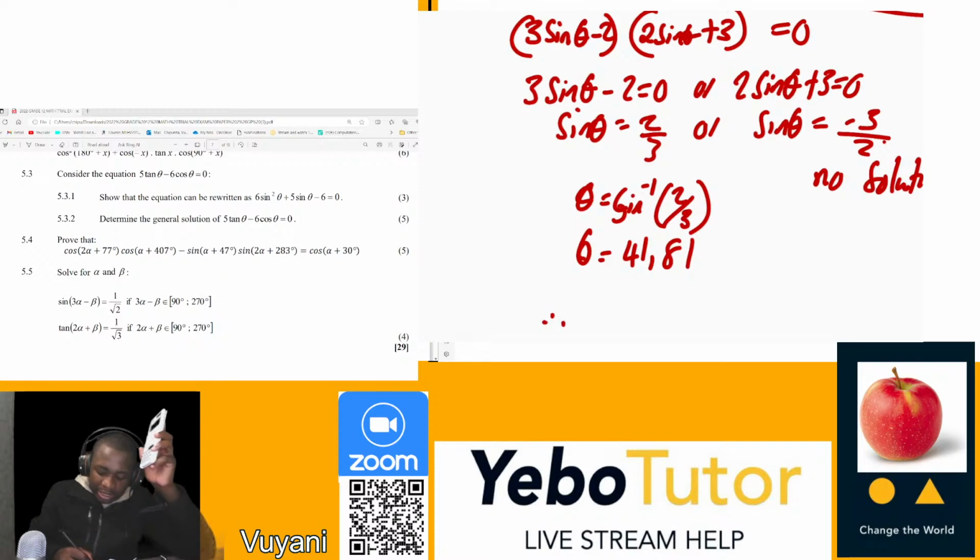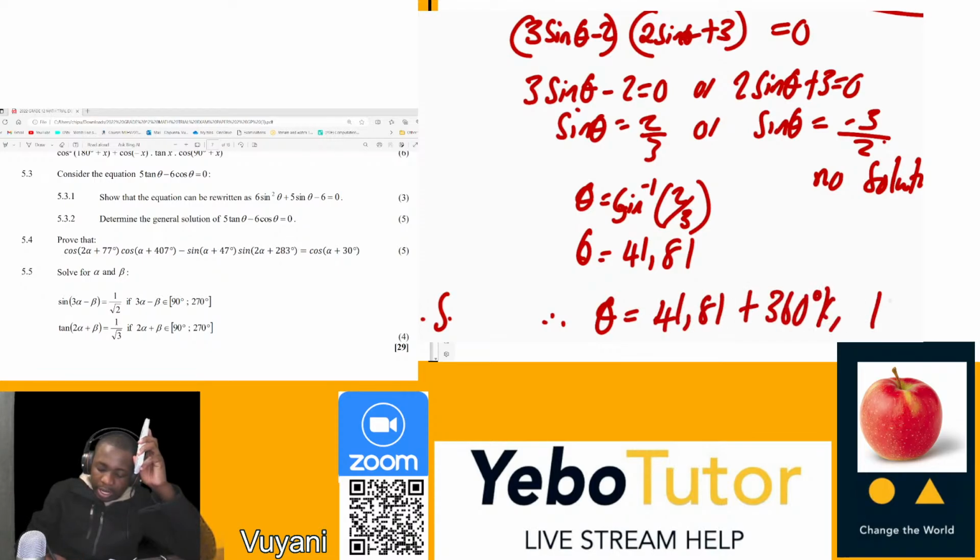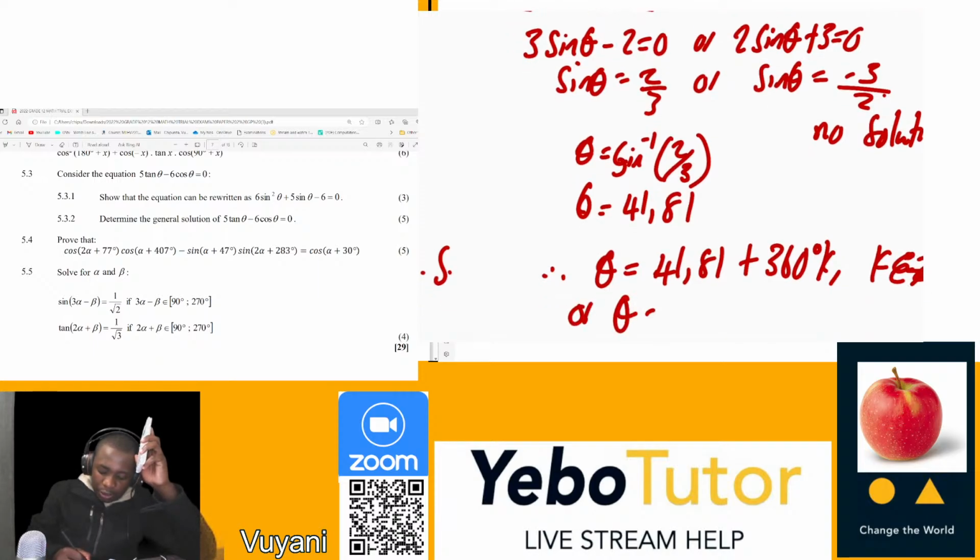Then for sine, we know that the general solution is theta is equal to the calculated angle plus 360 degrees of k, where k is an element of integers. Or we can say theta is equal to 180 degrees minus the calculated angle, which is 41,81, plus 360 degrees of k, where k is still an element of the integers.